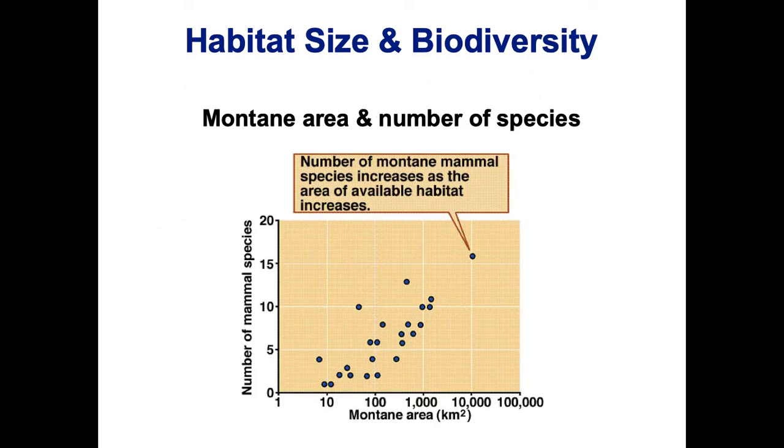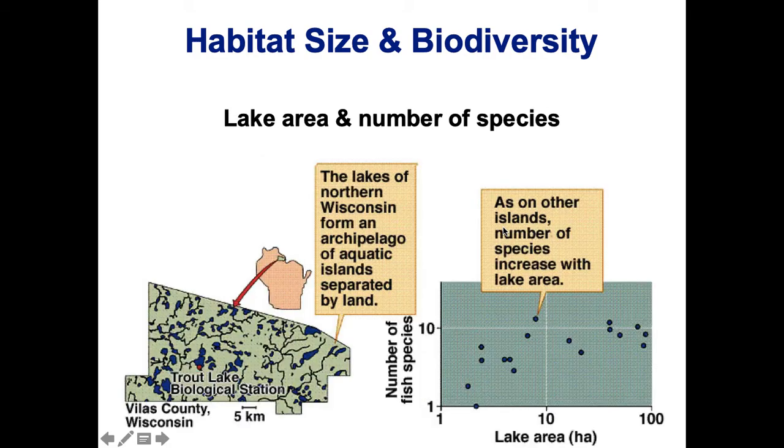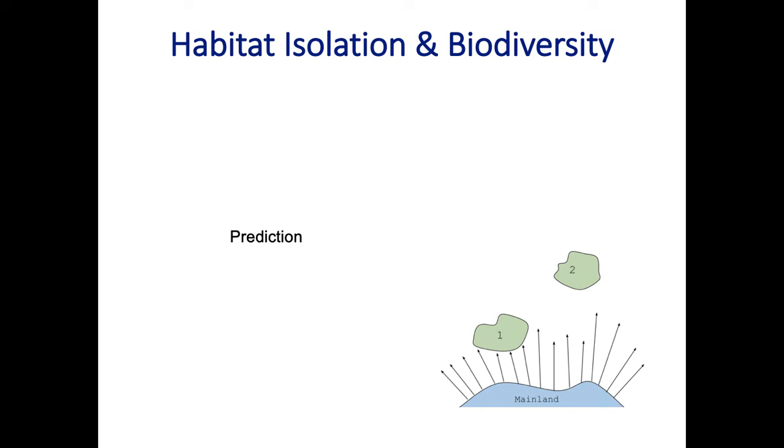We can even think about sizes of mountains, where bigger mountains have more species of mammals. And then the size of lakes and the number of fish species, and larger lakes tend to have more species of fish. So this is supported over and over and over again.